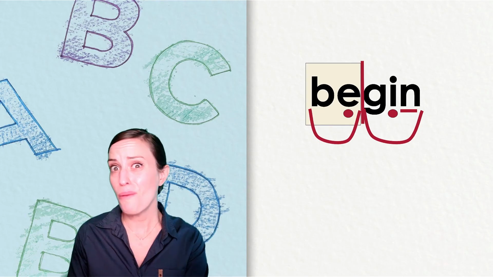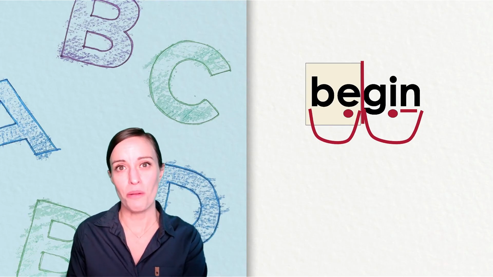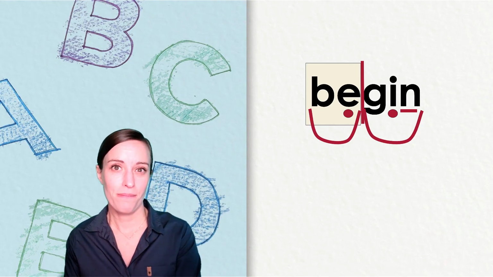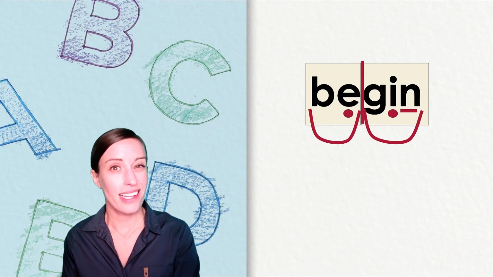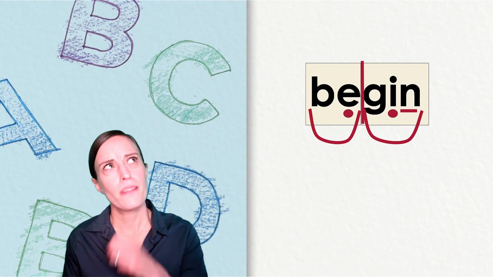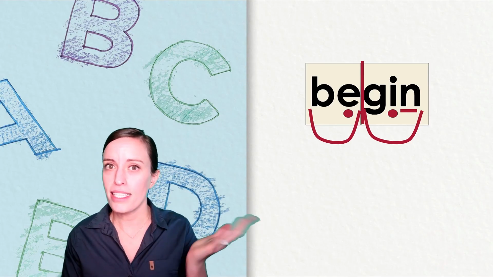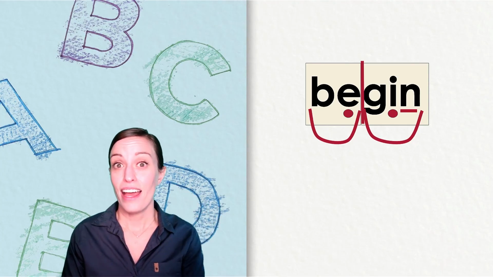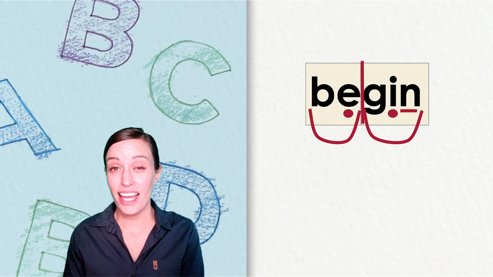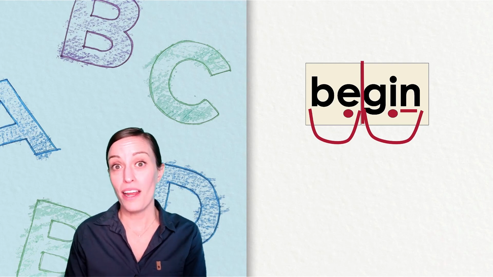I can see it's an open syllable, so the E will say E. That first syllable says B. Now let's look at the second one. The I is closed in, so it's a closed syllable, so the I makes a short vowel sound. That second syllable says G-in, gin. If I put the syllables together, begin, I can read the word begin.